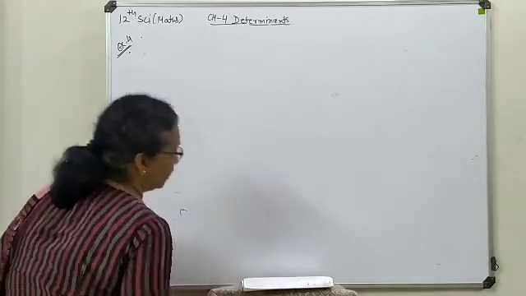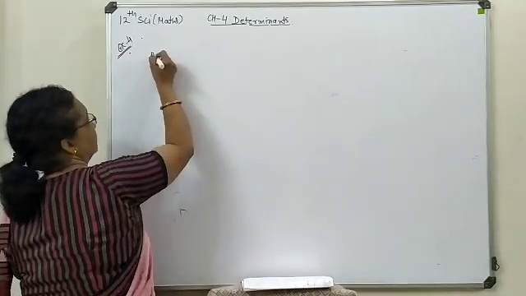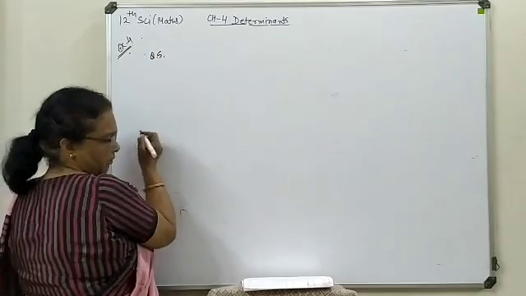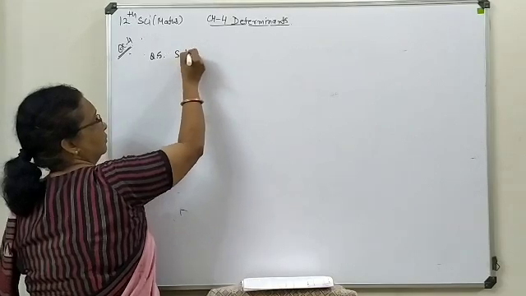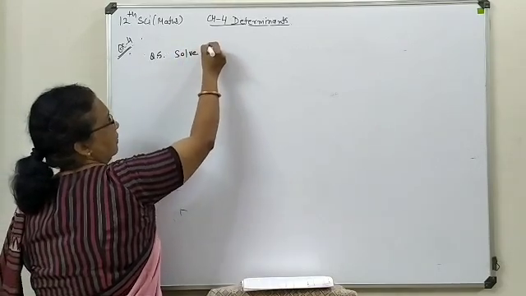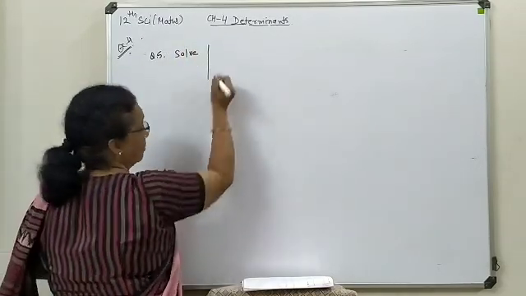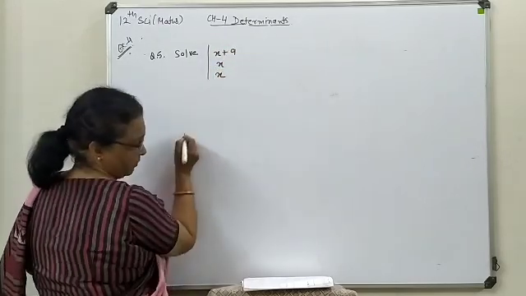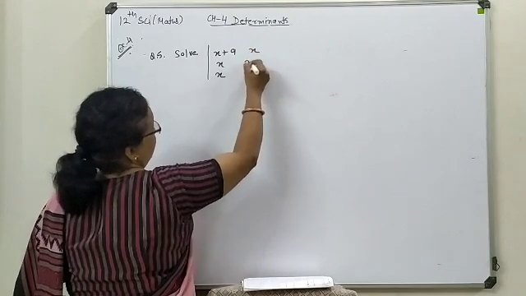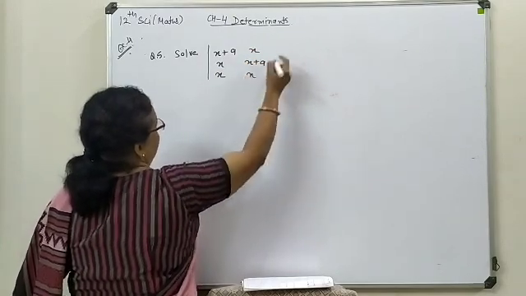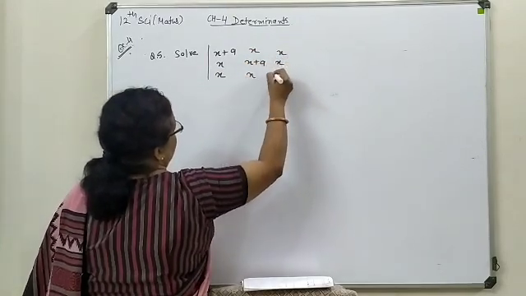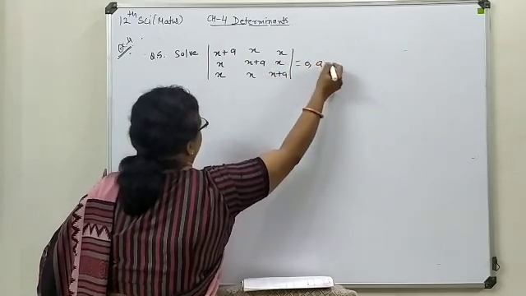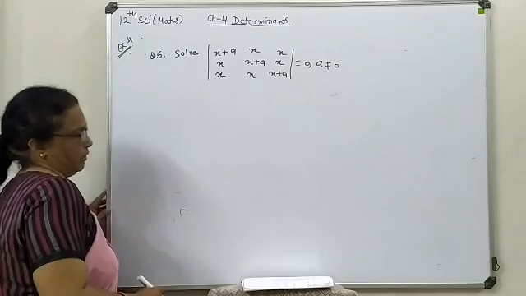Our fifth question is, we have to solve this determinant value: x plus a, x and x. This is x, x plus a and x. This is x, x and x plus a. That is equal to 0, where a is a non-zero quantity.